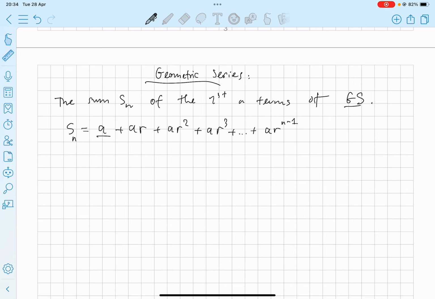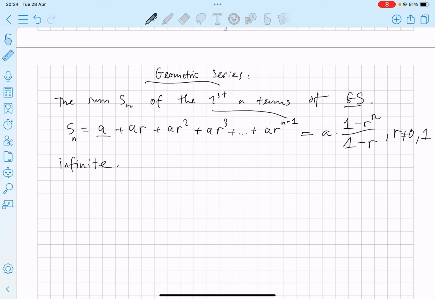So this one is gonna equal a multiplied by 1 minus r to the power of n over 1 minus r, and r is not equal to 0 or 1. So now we don't consider the first n terms, we consider the infinite one.